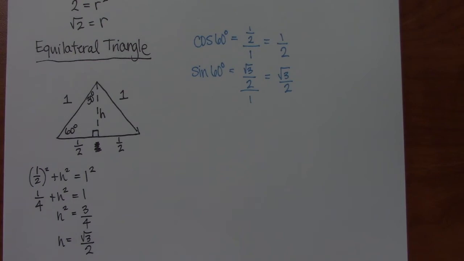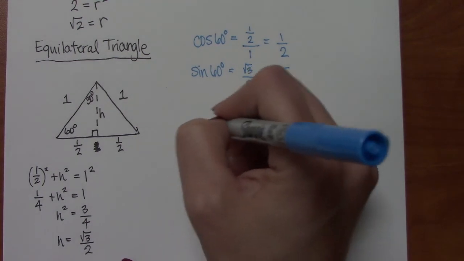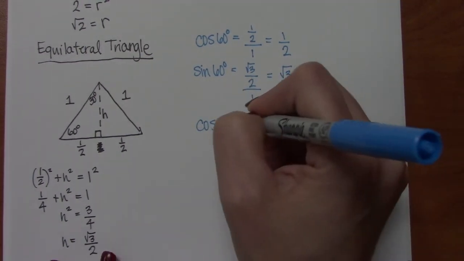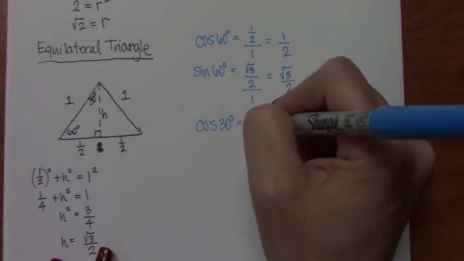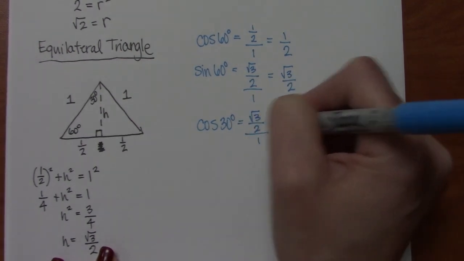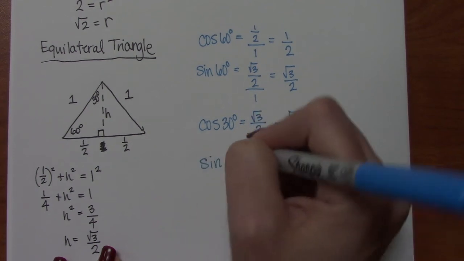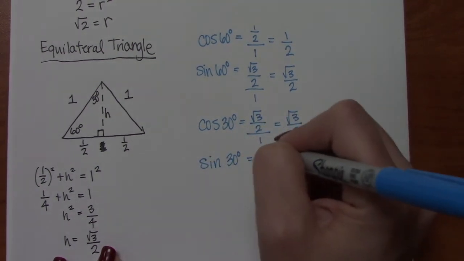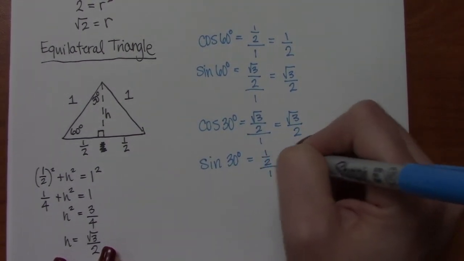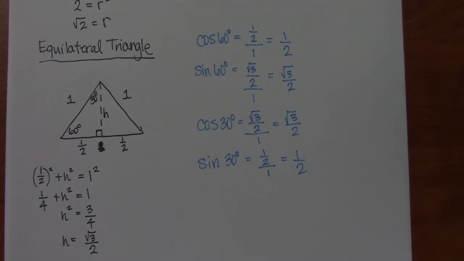So what do you think is going to happen to sine and cosine? They're just going to flip and go the other way. So cosine of 30 is going to be the square root of 3 over 2 over 1. So the square root of 3 over 2. And sine of 30 is 1/2 over 1, which is just 1/2.